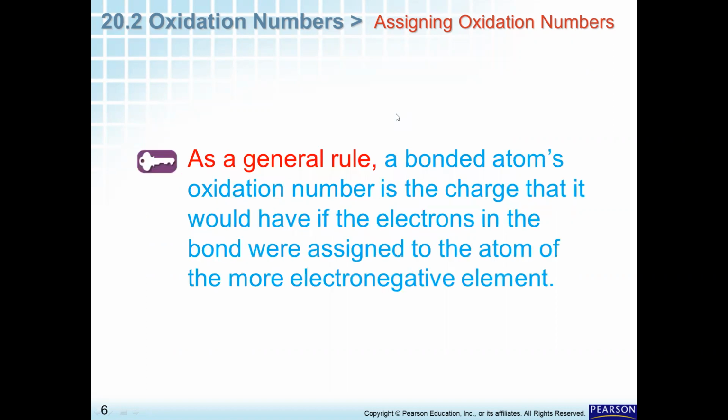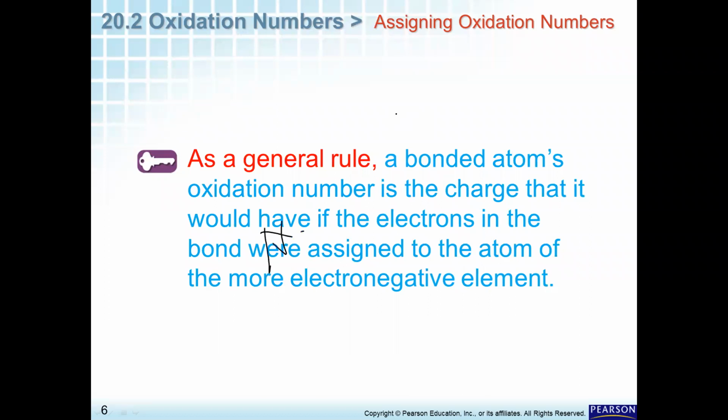What does that mean? As a general rule, if you have a bonded atom, so we're talking about atoms that are part of a molecule or a compound, then a bonded atom's oxidation number is the charge it would have if the electrons of the bond were assigned to the one which is more electronegative. It's a very complicated definition, though it is very simple.